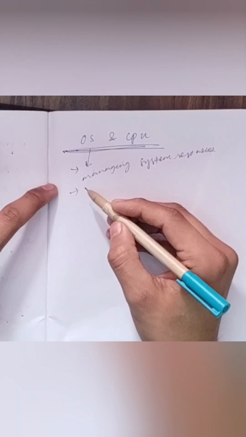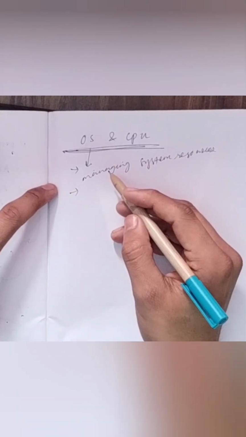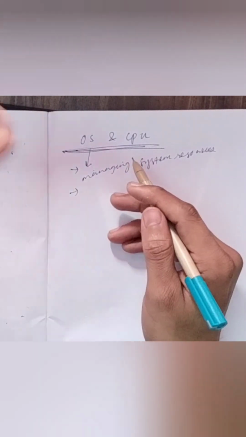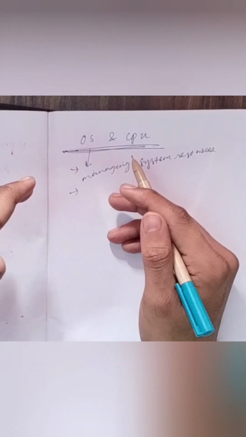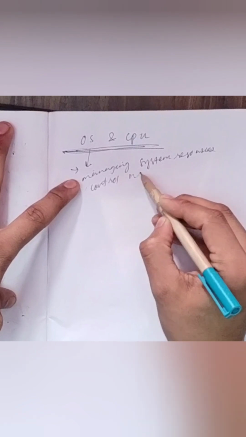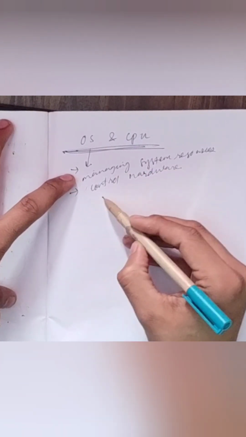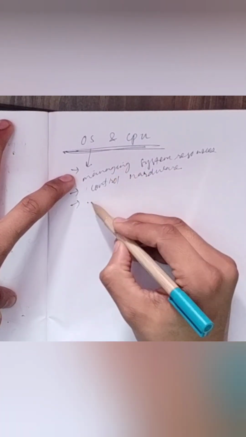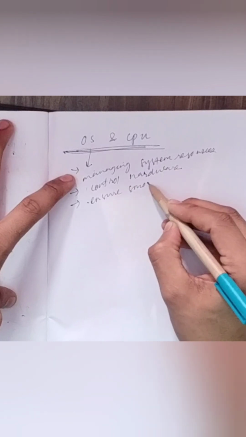Let's say we have 8 GB of RAM. 8 GB is limited, which means we cannot simply assign 1 GB of RAM to a simple 1 KB program. So what the operating system does is manage the system resources, control the hardware, meaning our keyboard, mouse, monitor, all this, and ensure smooth execution of the program.